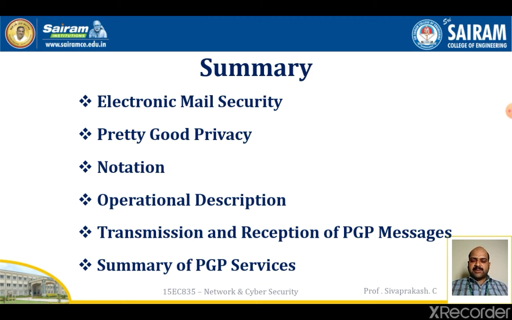And we have come across transmission and reception of a message in PGP, and finally we conclude with the summary of PGP services. Hope that this video helps you understand the PGP operation, the pretty good privacy operation used in email security.